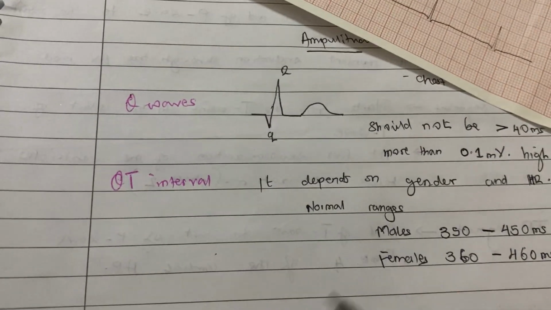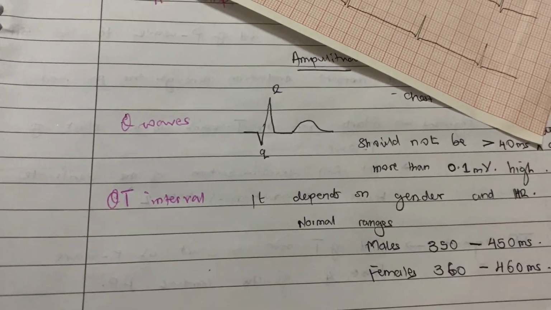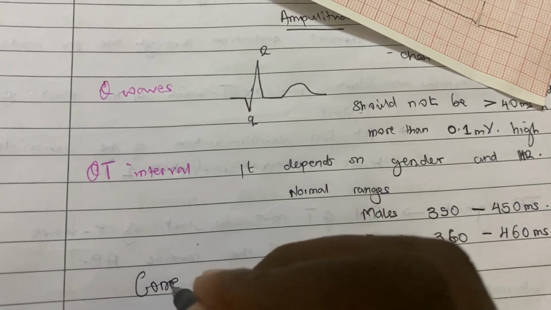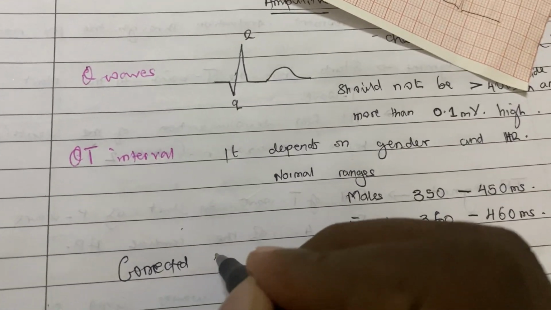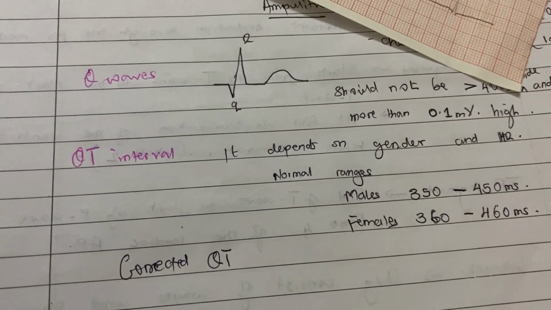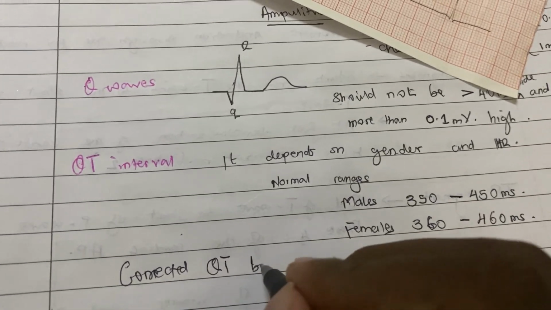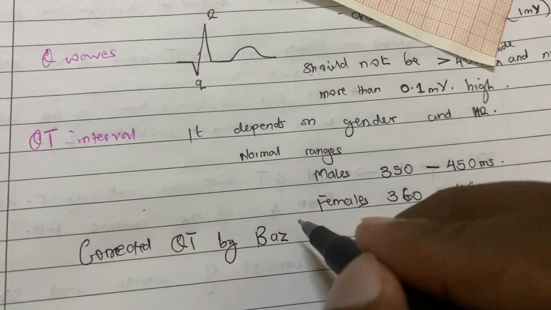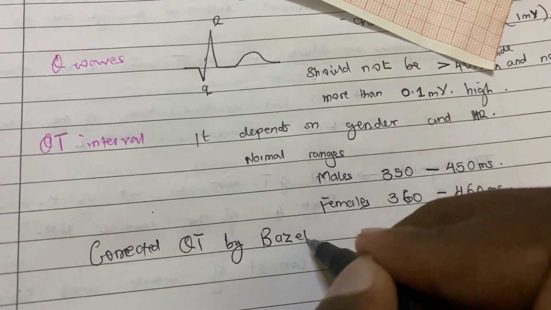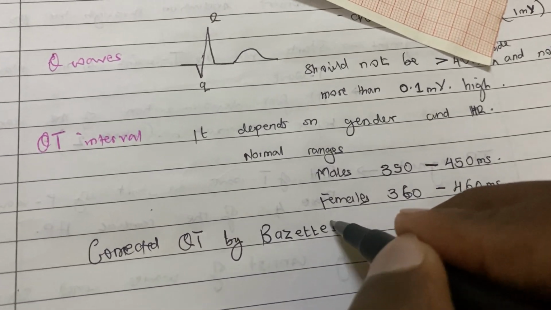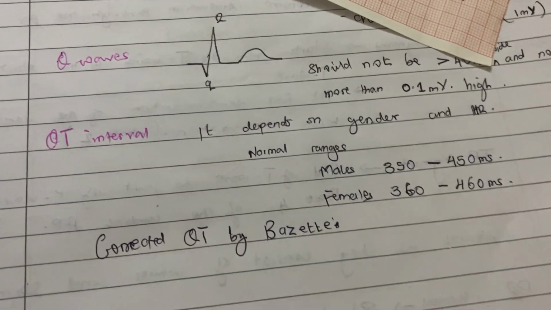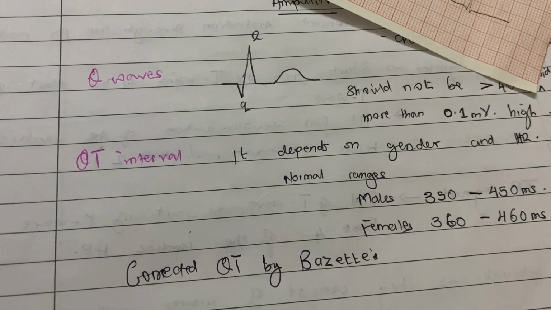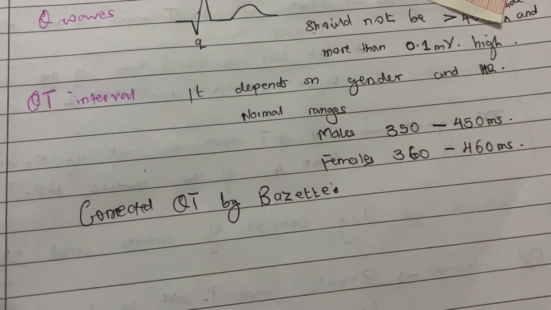Now heart rate. For heart rate, we are going to correct it. We call it corrected QT by Bazett. The person called Bazett corrected this QT to factor in the heart rate.